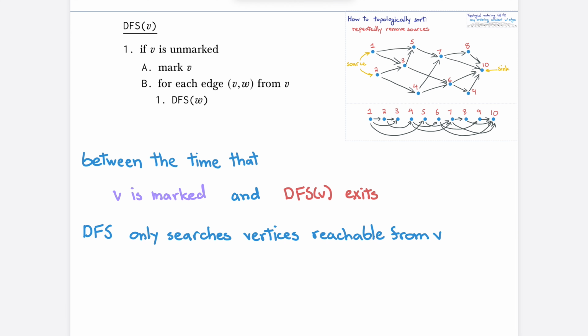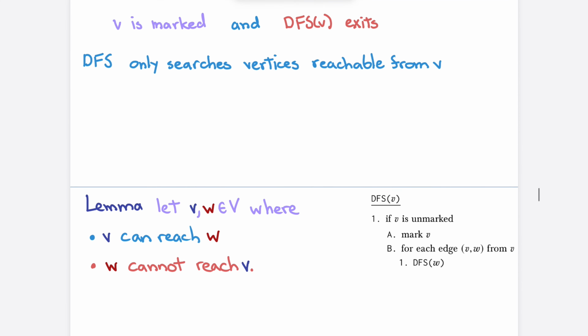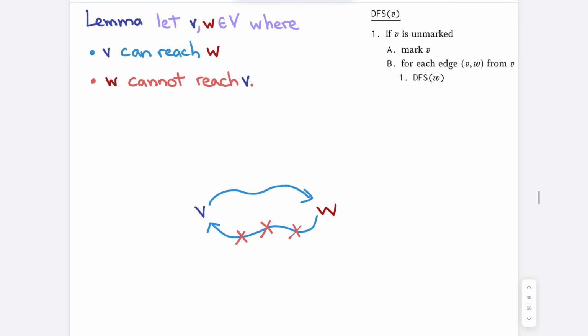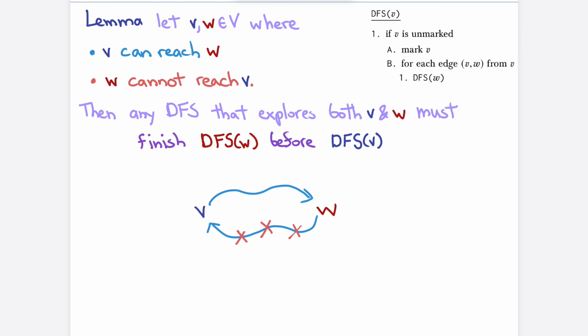Now, here's a claim. Suppose I have two vertices where V can reach W, but W cannot reach V. This might seem obvious, but can we articulate it?